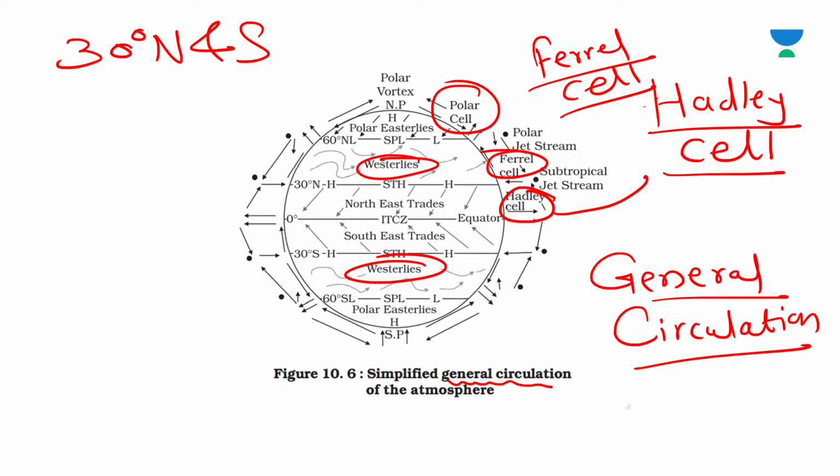Now, at polar latitudes, the cold dense air subsides near the poles and blows towards middle latitudes as the polar easterlies. So this sail is called the polar sail, and these three sails set the pattern for the general circulation of the atmosphere.